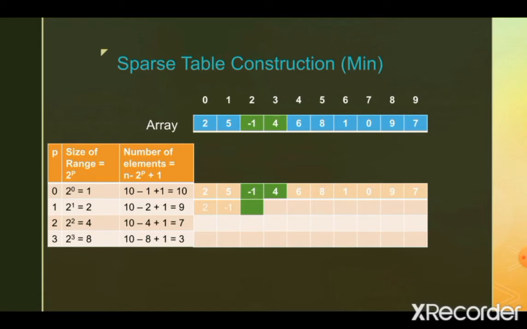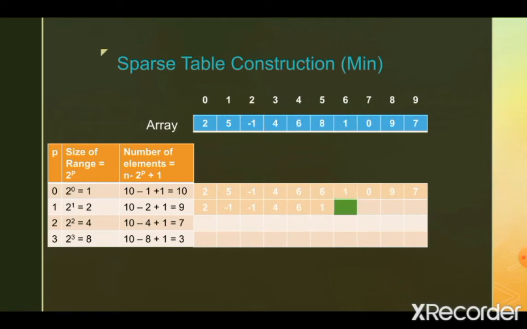The minimum value of range 2 to 2 we have already computed in the first row as -1, as highlighted, and the minimum value of range 3 to 3 we have already computed, which is 4, as highlighted in the figure in the first row of the sparse table. Now the minimum value of the third element in the second row is the minimum of -1 and 4, so it becomes -1. This process we are going to repeat and compute the values like this.